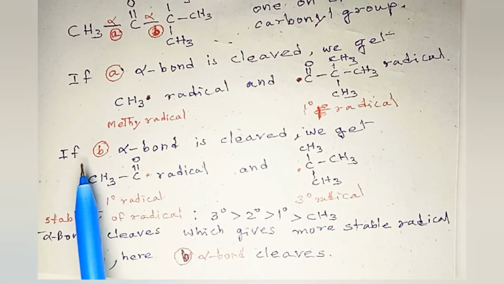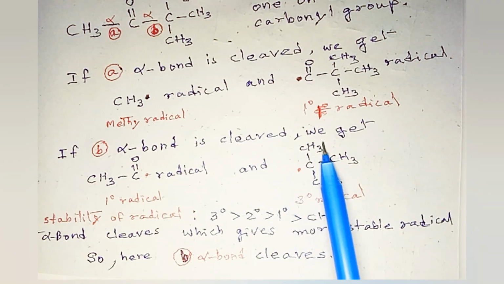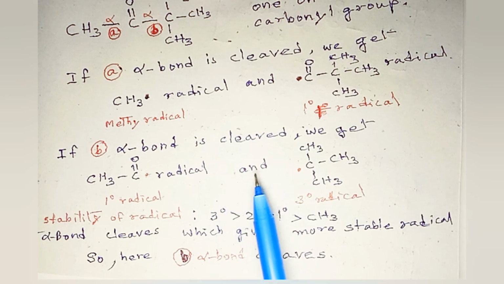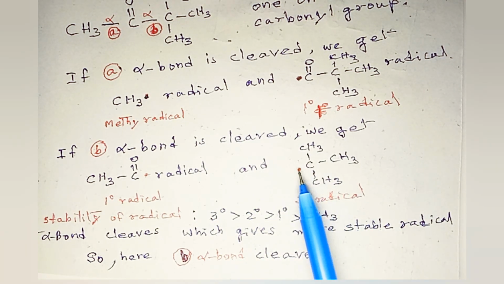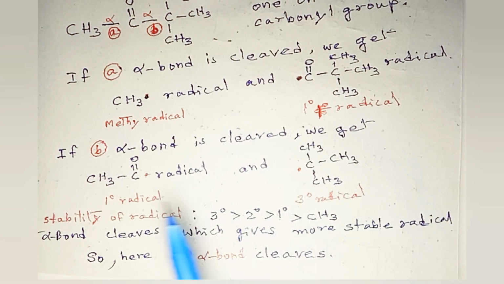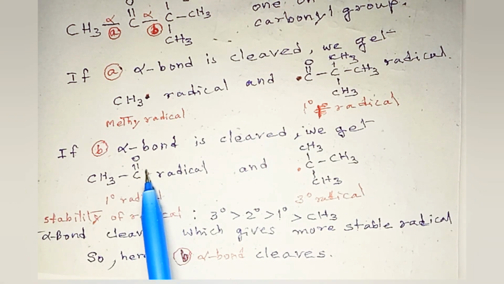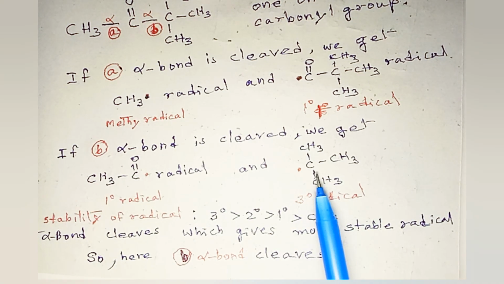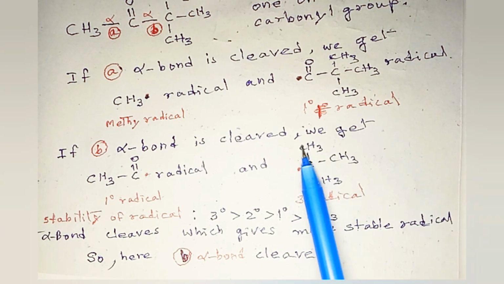If B alpha bond is cleaved, we get CH3 C double bond O radical and CH3 CH3 CH3 radical, which is tertiary radical, and this CH3 C double bond O is primary radical because this carbon atom is attached to another carbon atom. This is tertiary carbon radical because it is attached to 3 more carbon atoms.